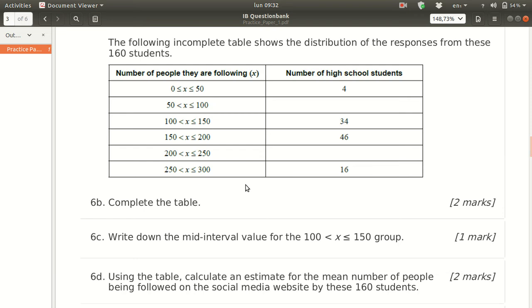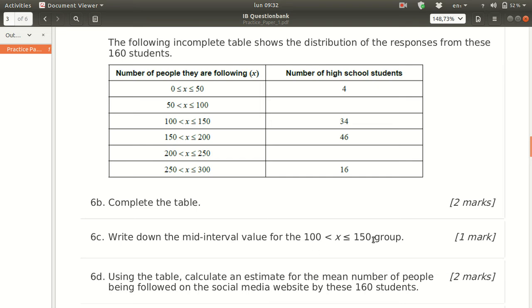Now, there was also some trouble with part C and part D. So write down the mid-interval value for the 100 to 150 group. If I'm not mistaken, all you have to do was add and divide by 2.